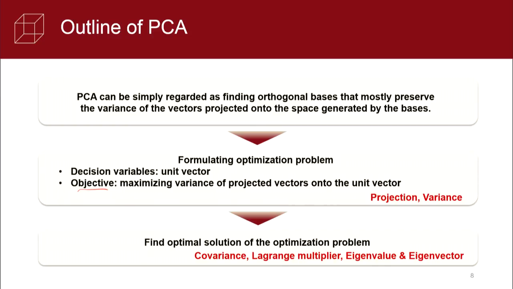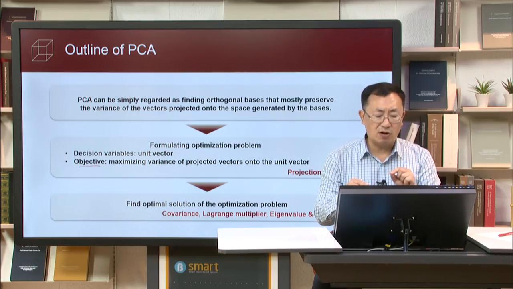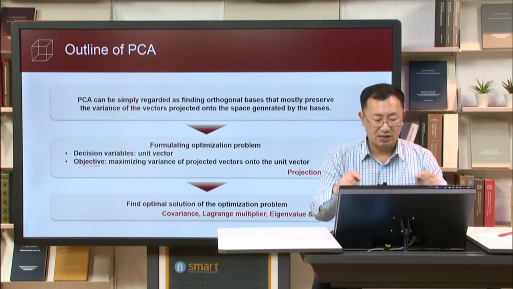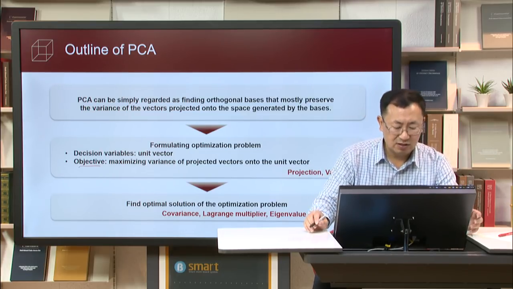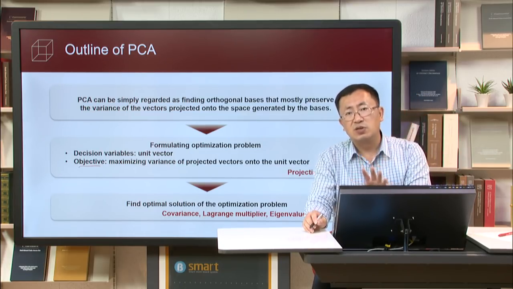If you think about the animated GIF I presented before, we try to find the line that maximizes the variance of the projected data vectors on the space. So our focus is to find the line, in other words, the unit vector, and that is the principal component.